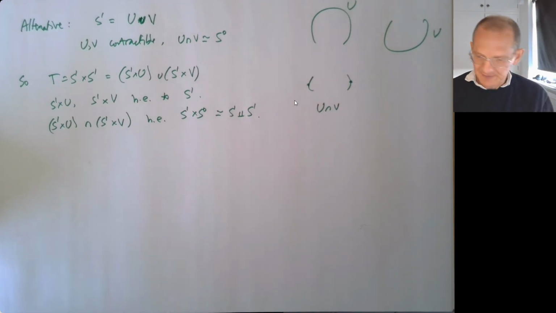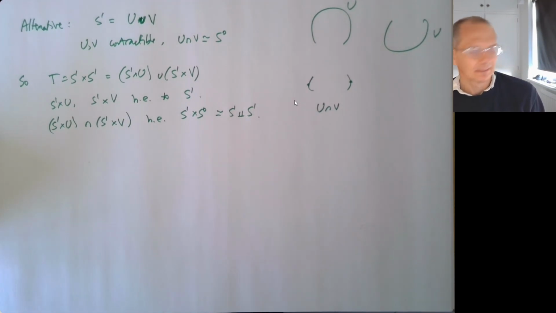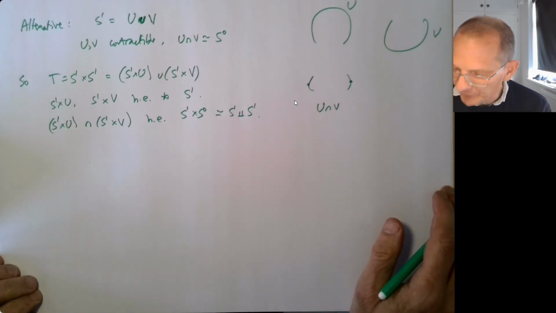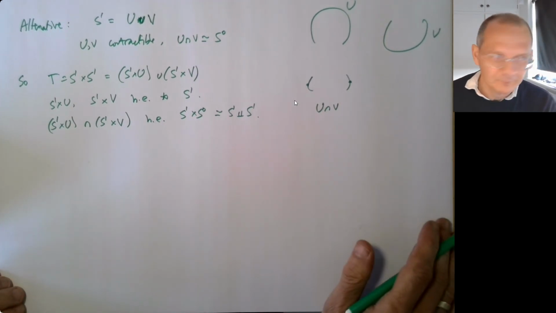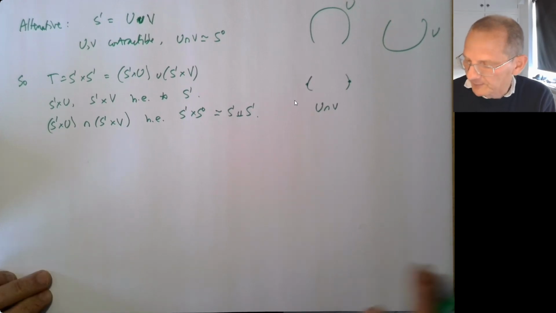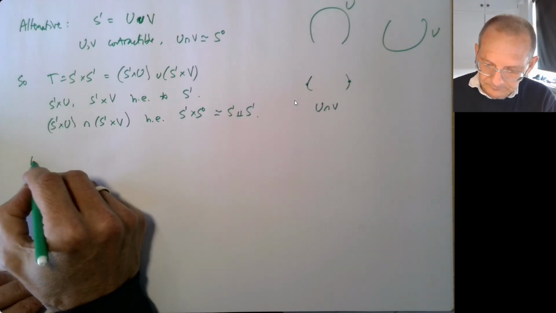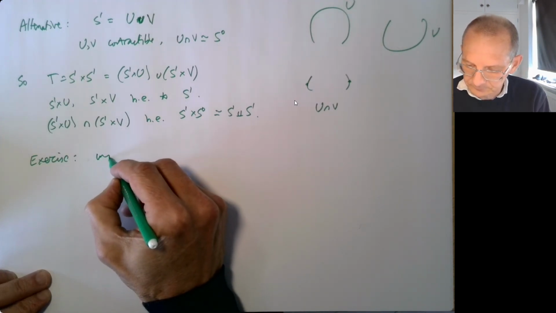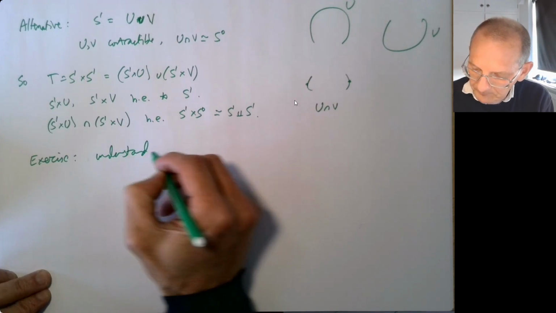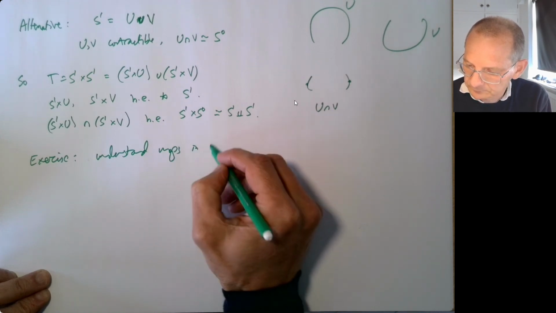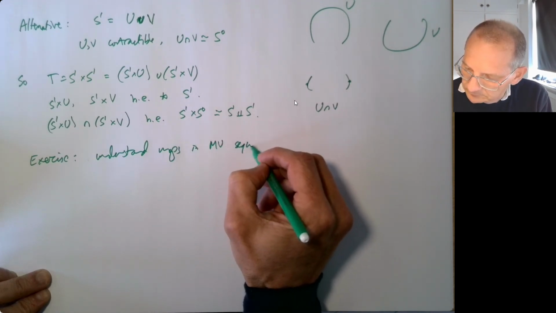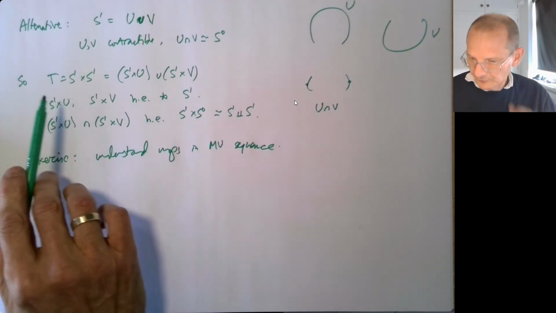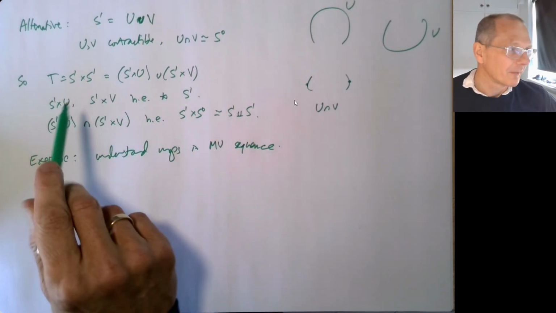So with this approach, it's a bit more difficult to understand exactly how the maps in the Mayer-Vietoris sequence fit together. But I'll leave it as an exercise for you to think a bit more about that. Because here, of course, we do know the homology of all the pieces.